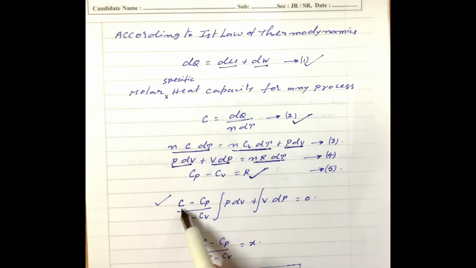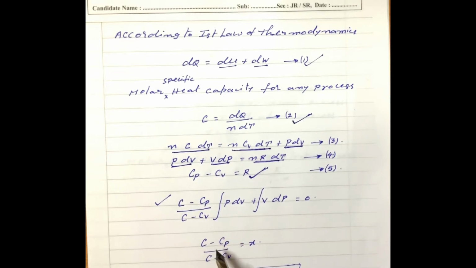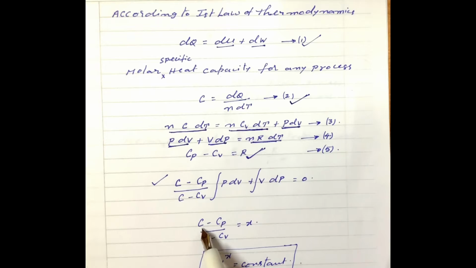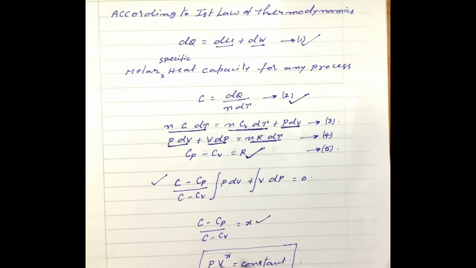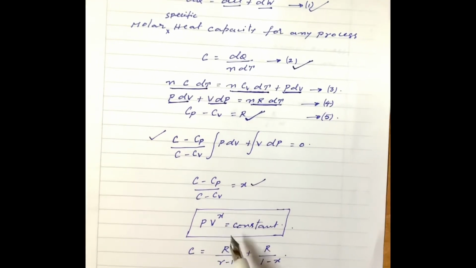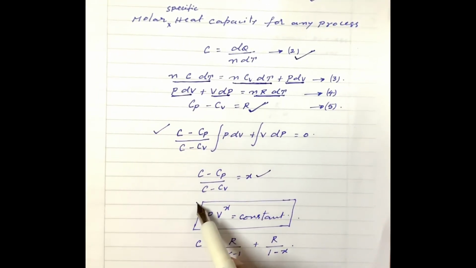Molar heat capacity for a given process. Cp is molar heat capacity at constant pressure. Cv is at constant volume. So let us call (C minus Cp) by (C minus Cv) as X. Then after integration and simplifying, we get a relation PV to the power of X is constant, where X is (C minus Cp) by (C minus Cv).